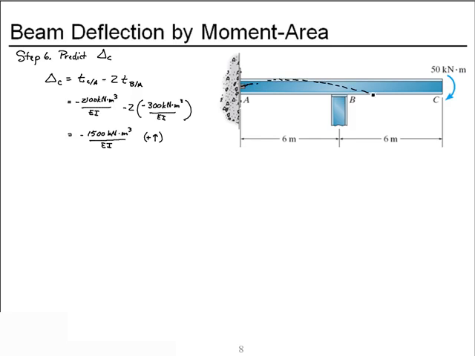So our predicted shape was that we expected down. This quantity is negative, it is down. That's a good sign. Step 7, compare with our approximation.